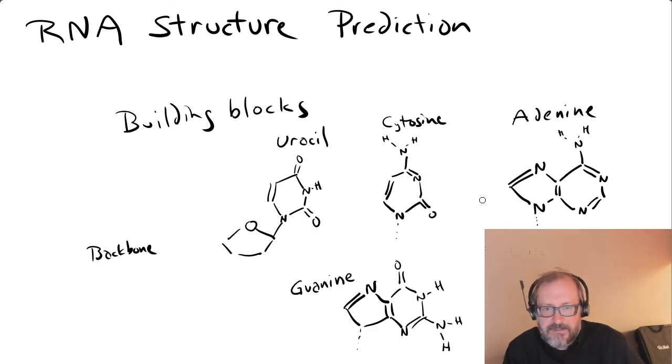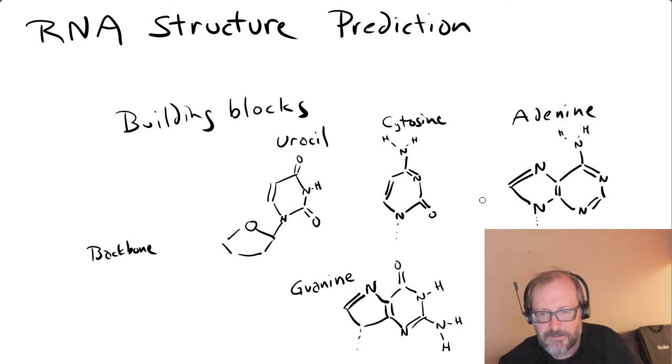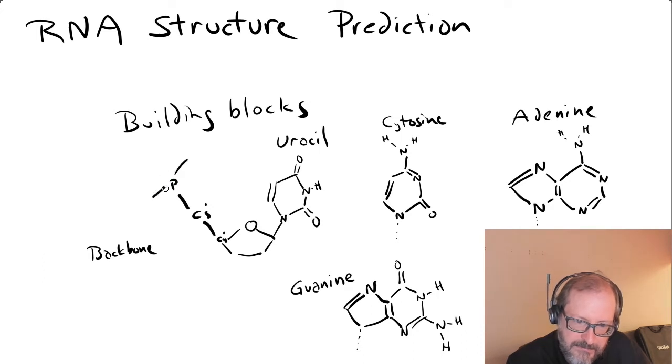So the building blocks of nucleic acids you should be familiar with by now. In the case of RNA, you have uracil. In the case of DNA, you have thymidine. And we're going to talk about how this has a backbone, right? C5 prime. It's got a reasonably intuitive numbering system.